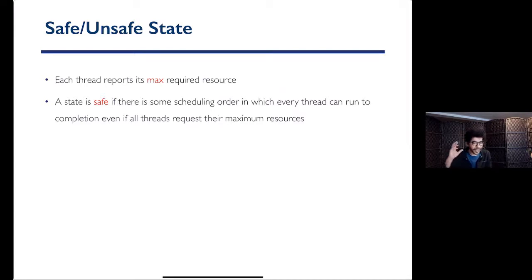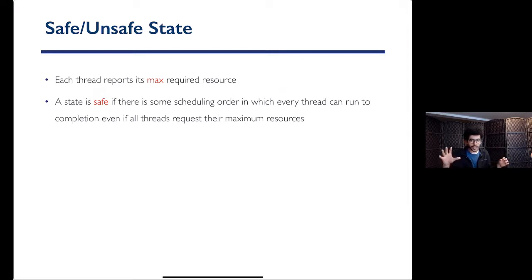So this should actually bring that algorithm that we had for deadlock detection to your mind. With that deadlock detection, we had a matrix of allocation and the matrix of requests, right? And then we could detect if there is a sequence of threads finishing.